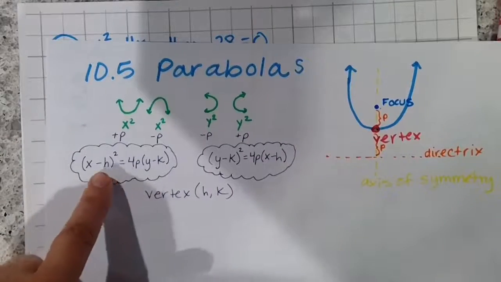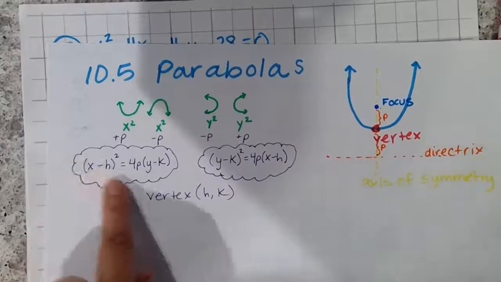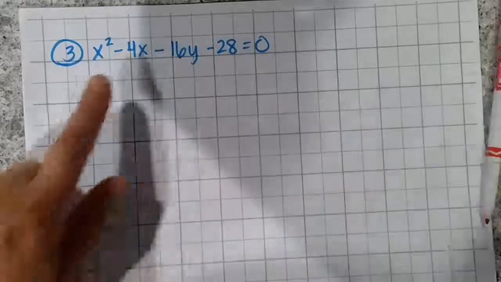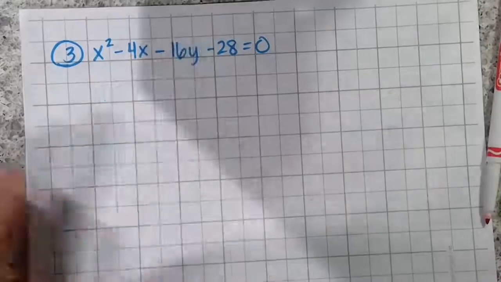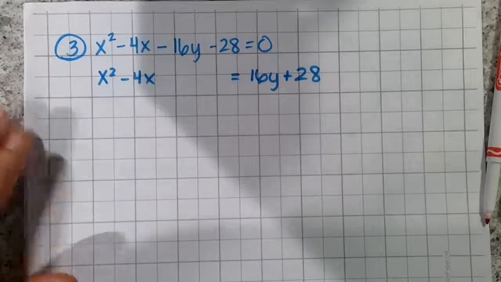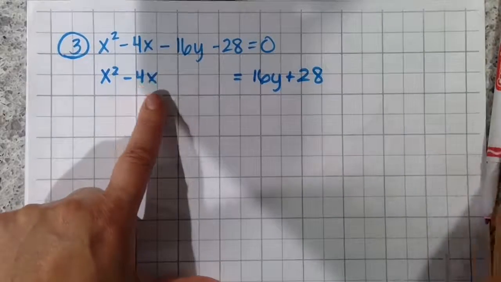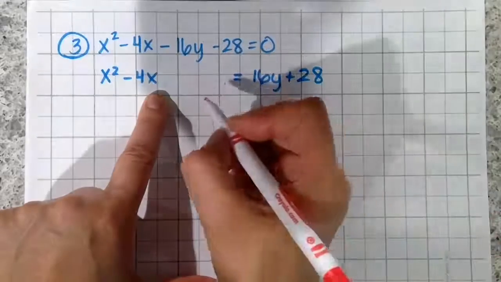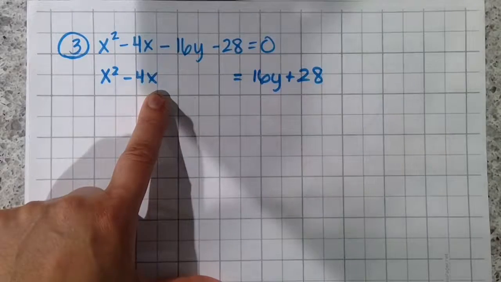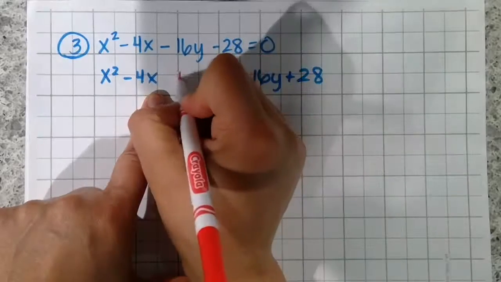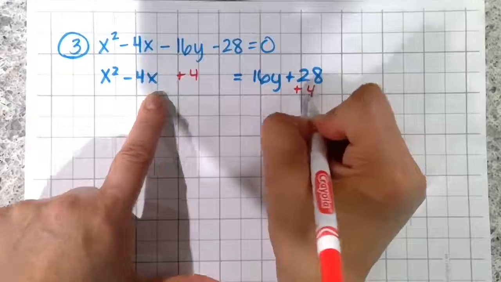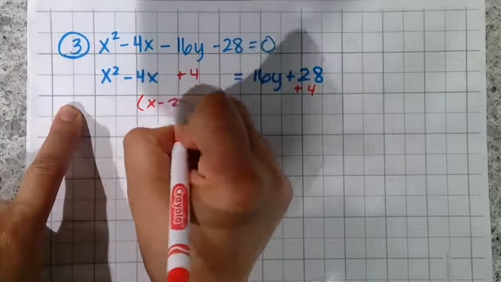So whatever you have squared, keep it on the left-hand side and then move the other one to the other side. So I'm going to keep the x's here and move this to the other side. I'm going to complete the square. Half of -4 is -2. -2 squared is +4. So I'm going to add 4 to both sides and rewrite this as a perfect square.